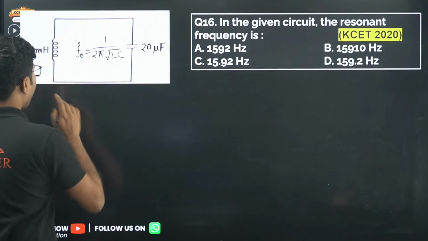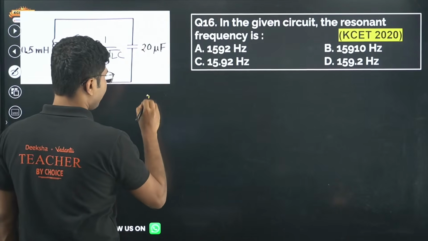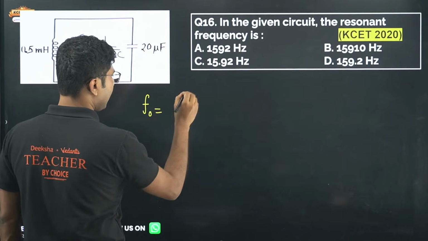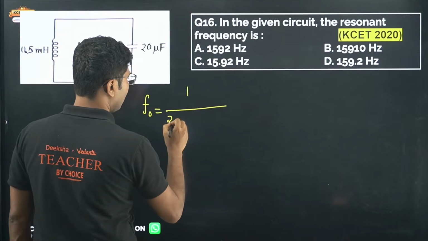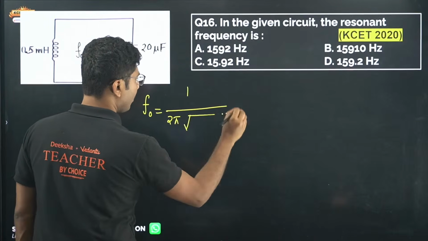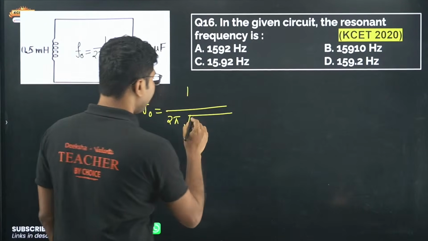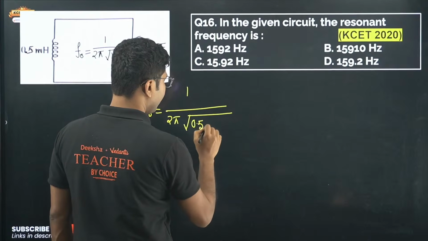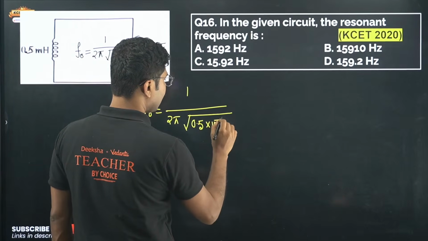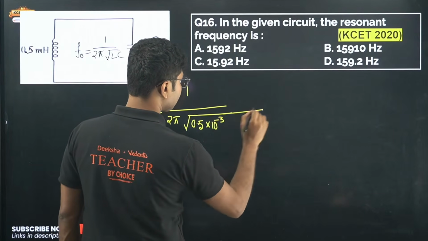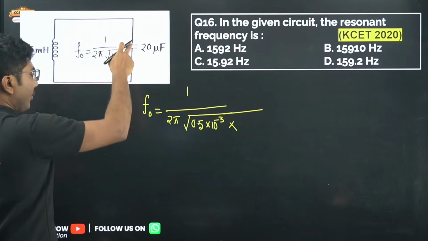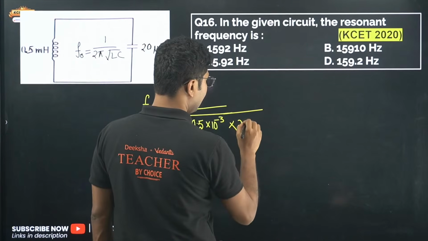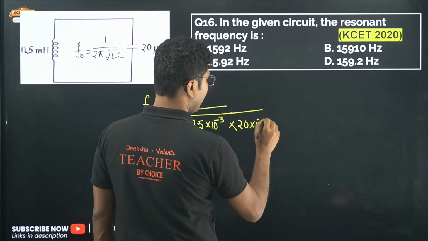20 microfarad, 0.5 millihenry. So resonance frequency is given by 1 upon 2 pi square root of 0.5 millihenry, which means 0.5 into 10 to the power of minus 3, and 20 microfarad means 20 into 10 to the power of minus 6.